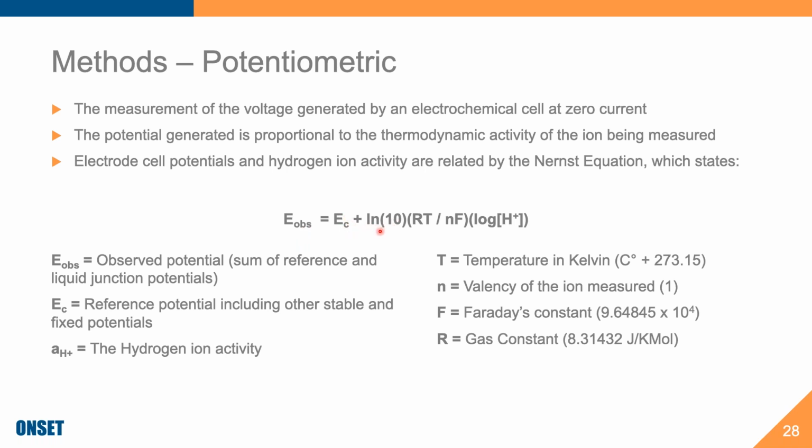And then again, the logarithmic values are coming in here. So you have ln, sorry, this should be a base 10. And then a couple of constants like the gas constant, Faraday's constant, the valency of the ion being measured, which happens to be 1 because it's hydrogen, and then temperature in Kelvin. And then again, this is meant to be the activity of the hydrogen ion, but really in our case, we're just talking about it as the concentration.